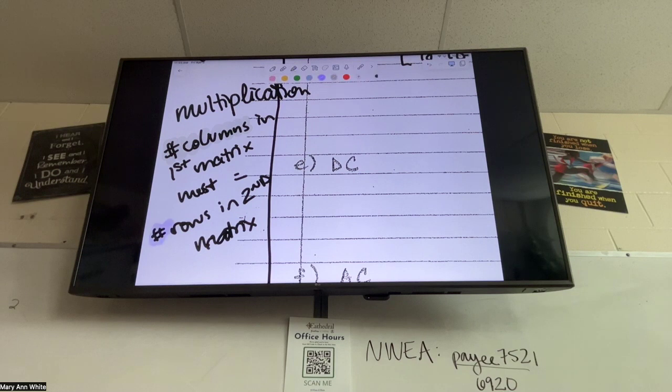You can only multiply when the number of columns in the first matrix matches the number of rows in the second matrix. Number of columns in the first matrix must match the number of rows in the second matrix. Now, once we do this, I'm going to show you an easier way of knowing that, but this is the longer explanation.